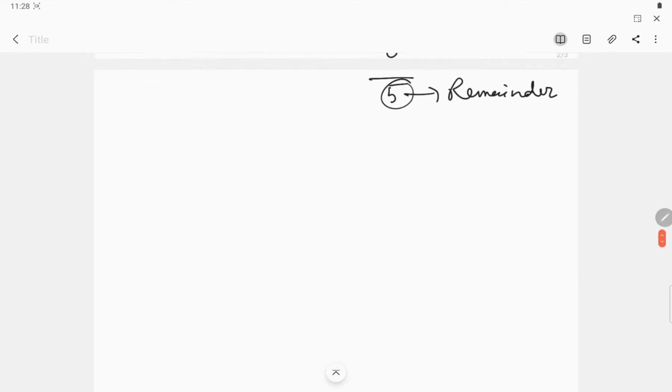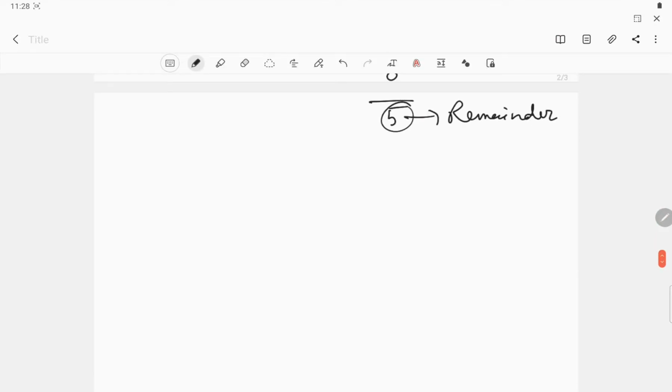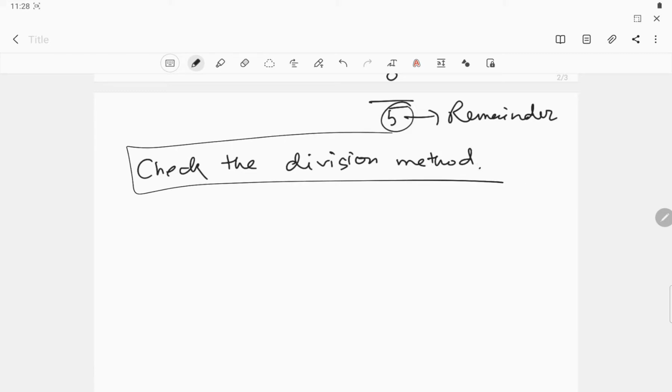Now how to check whether my division is right or wrong? There is a certain rule. What is the rule?